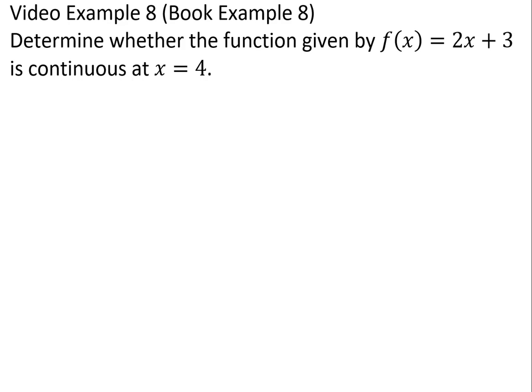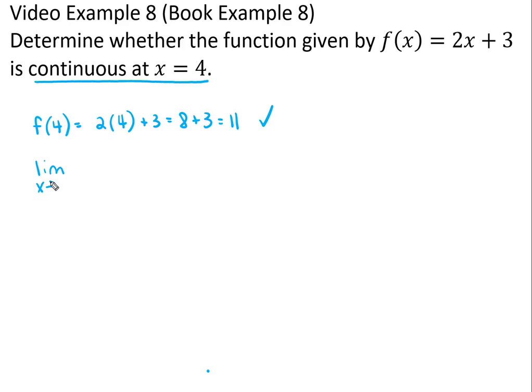So if we want to determine if this function is continuous at x equals 4, the first thing we have to do is find if f of 4 exists and evaluate it. Alright, f of 4 exists. Then we have to find out if the limit as x approaches 4 exists.